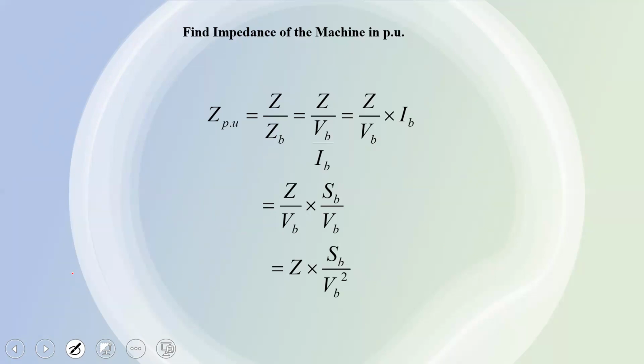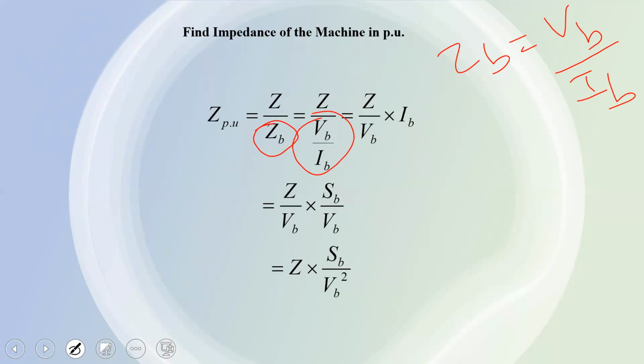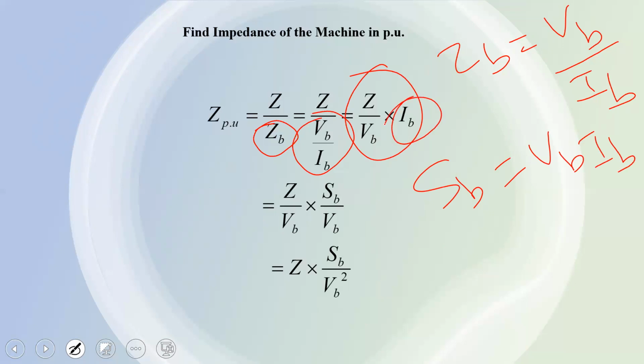And as you know from Ohm's law or the definition of impedance, impedance is the ratio of voltage and current. So in place of Z, you can write V by I, and you can get this expression. Also you know, for a single phase system, the apparent power is the product of voltage and current. So from here, you can write current equal to SB by VB.